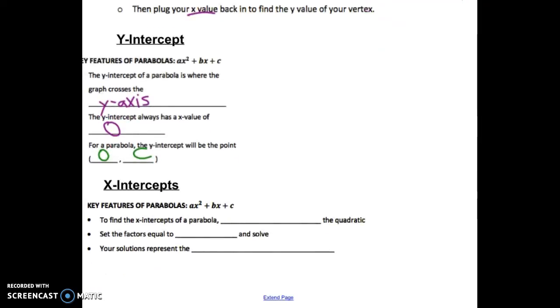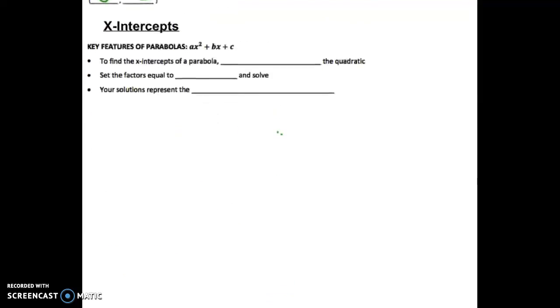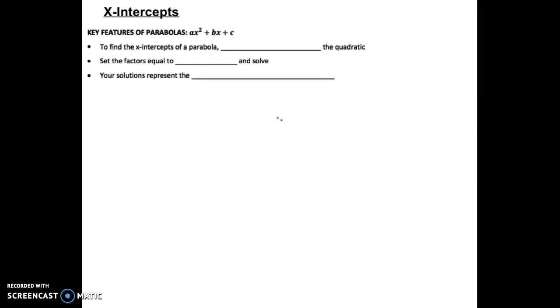And then finally, the x-intercept. Scoot this down just a bit. The x-intercept, or where they cross the x-axis. To find the x-intercepts of a parabola, you need to factor the quadratic. Once you've factored the quadratic, we're going to practice that a lot moving forward in Algebra 2, you set these factors equal to 0 and solve for the x's.